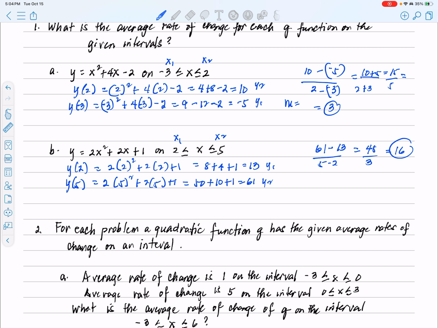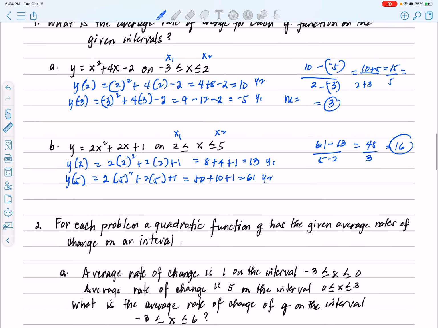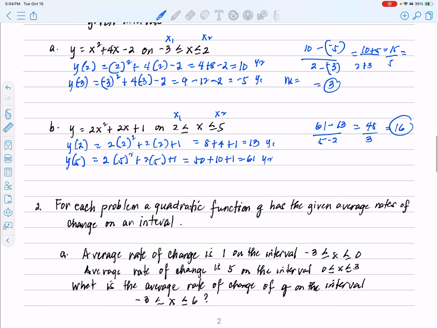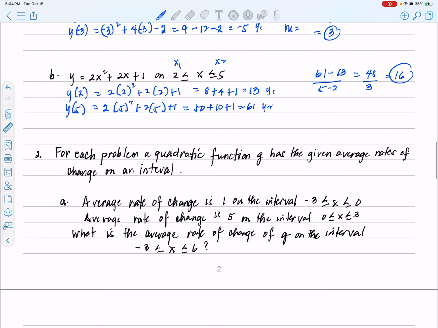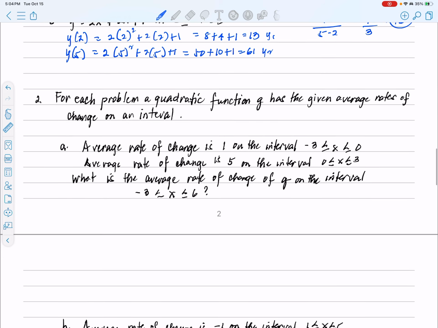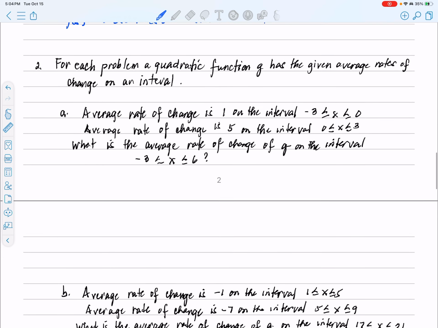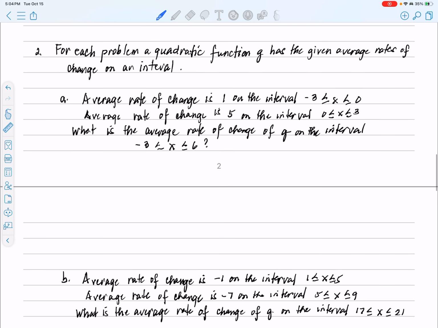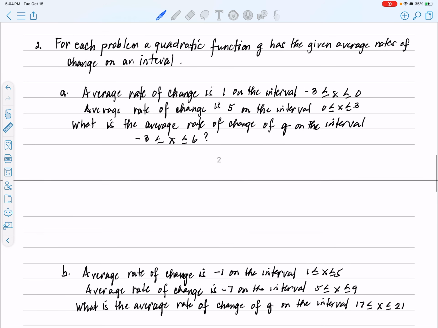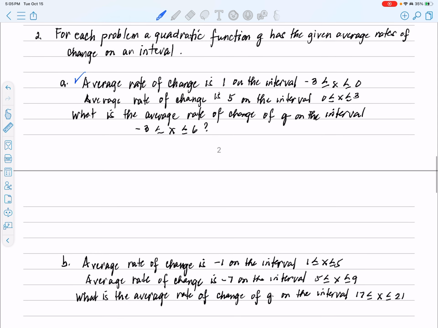Let's do another type of problem regarding the quadratic function. For each problem, a quadratic function g has the given average rates of change on an interval. Okay? What is the interval here? It says at first, the average rate of change is 1.